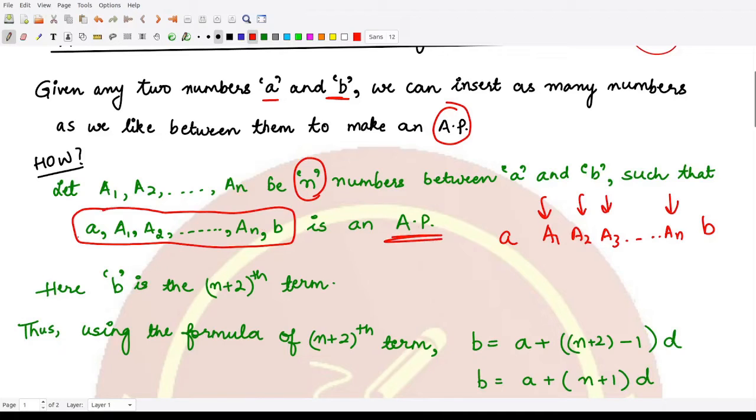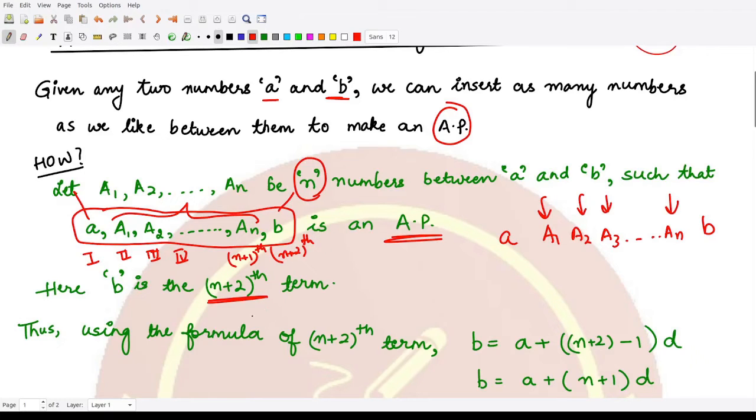So if we count, this is our first term, this is our second term, this is our third term, and so on, and this would be your n plus 1th term, and this would be your n plus 2th term, correct? In total you have n entries of AN, one here and one here, so in total n plus 2 terms. So you see B is your n plus 2th term.